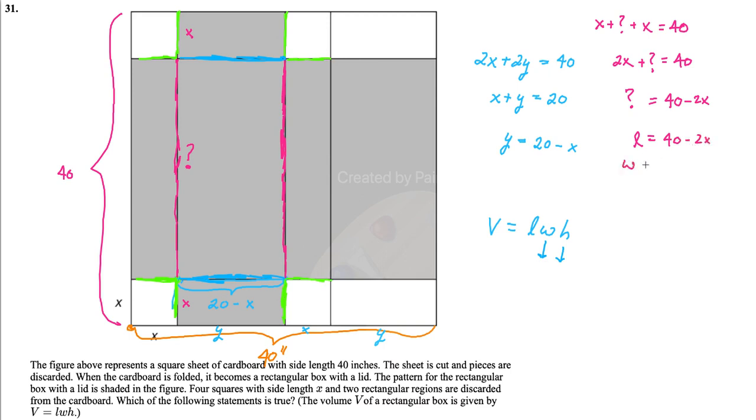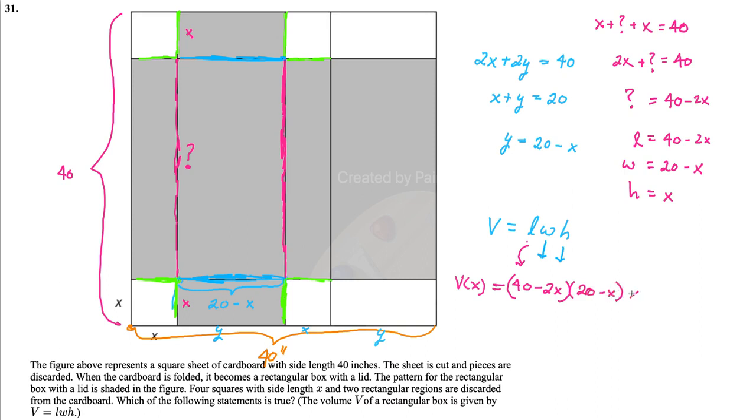I have my width is 20 minus 2x minus x. And then my height is just x. And with this, I can get a formula for volume in terms of x, because I know my length is 40 minus 2x. My width is 20 minus x.